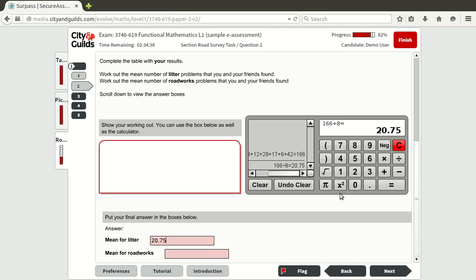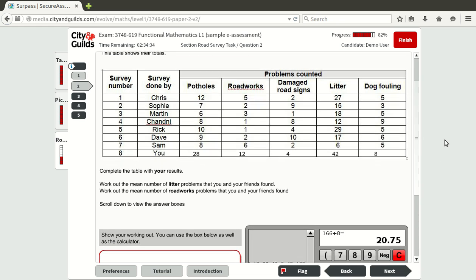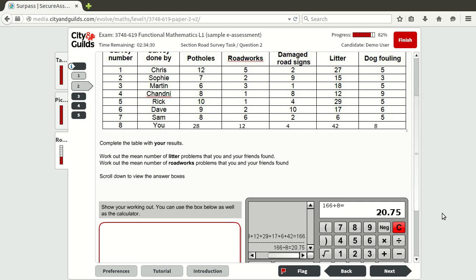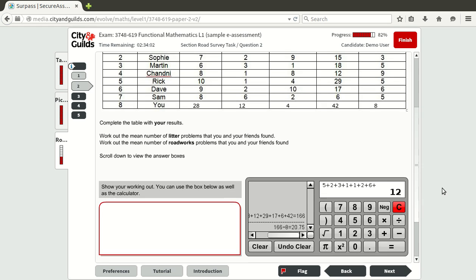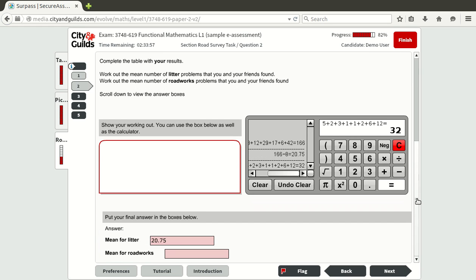Then the mean for the roadworks would be 5 plus 2 plus 3 plus 1 plus 1 plus 2 plus 6 plus 12, and that gives us a total of 32. 32 divided by 8 is 4, and that goes in there.